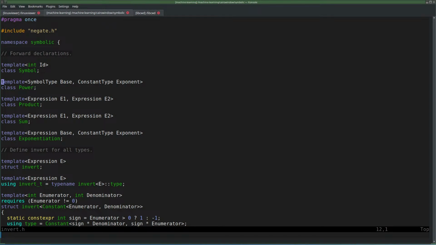But anyway, let's say you have the specializations. Then you want to say, yeah, but this specialization should only be considered when this or that concept is true. Then you use concepts correctly. But what I did is more like, if you try to use a power with anything else than a symbol as the first template argument, then it's just wrong.